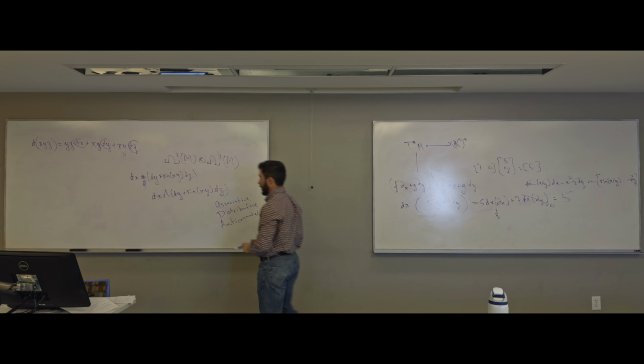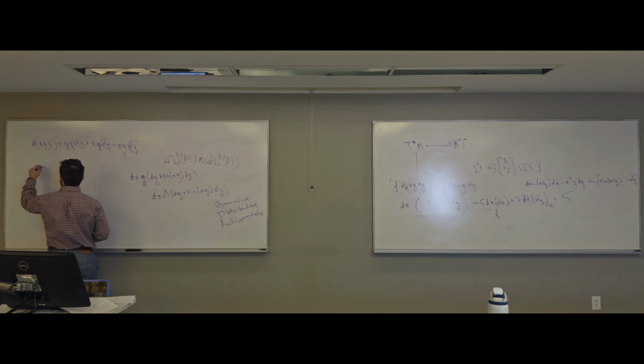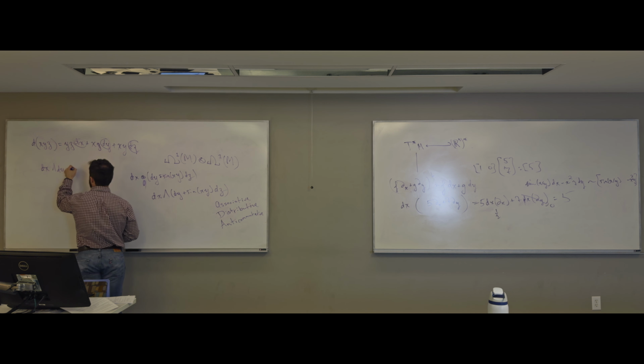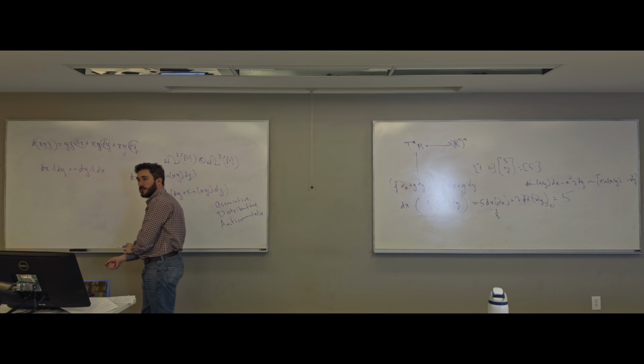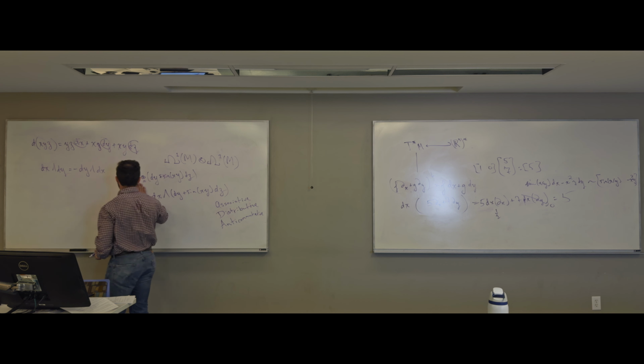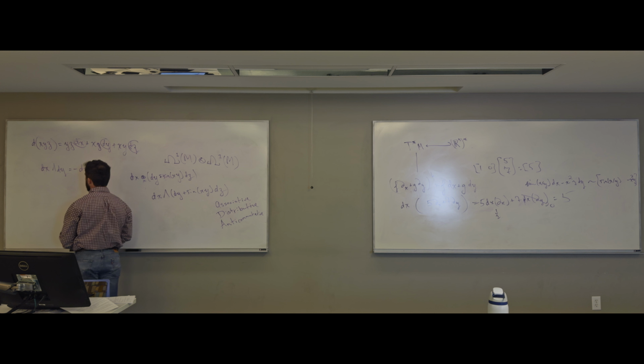So the idea is this: dx wedge dy is equal to the negative dy wedge dx. Makes sense. In the notes, I actually show why this is true and construct this constructively. Just take it as a fact.